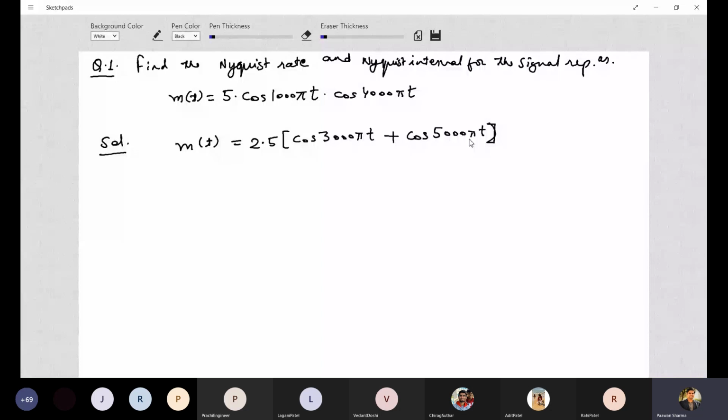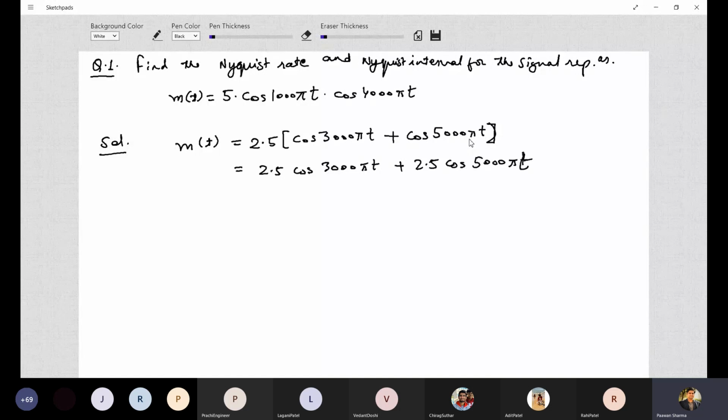Cos A minus B, cos A plus B. So you have components, and if you separate it, it will be 2.5 cos 3000 pi t plus 2.5 cos 5000 pi t.